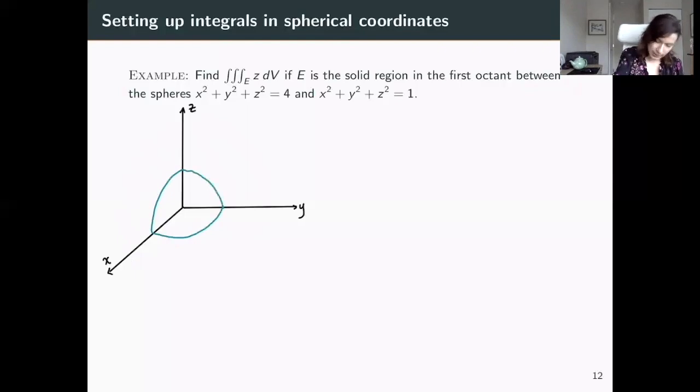So here's my sphere of radius 1 in the first octant, giving it a little bit of dimension and depth so that we can see that it's actually a sphere. And then we're also going to have the sphere of radius 2, looking something like this. So trying to draw this one out as best we can.